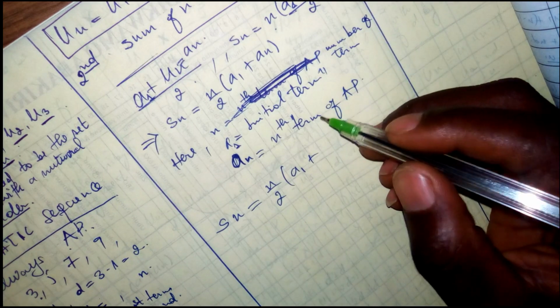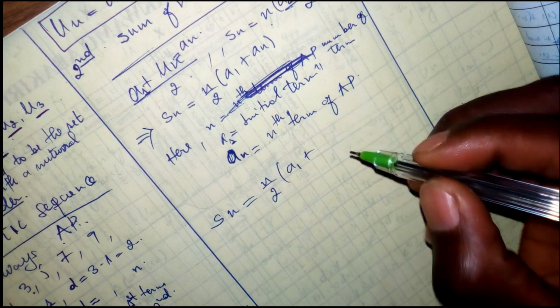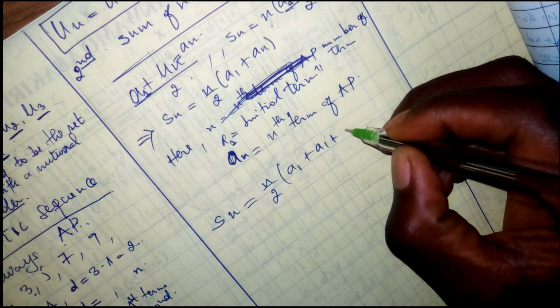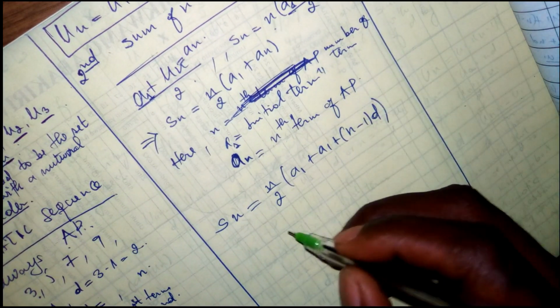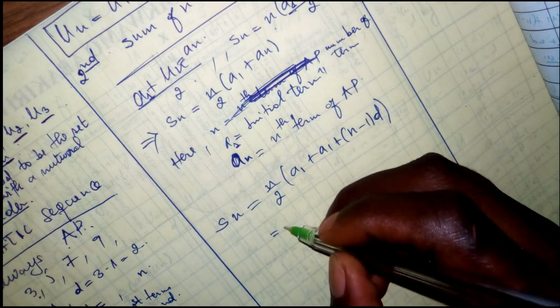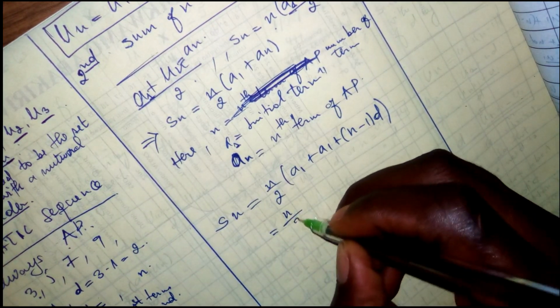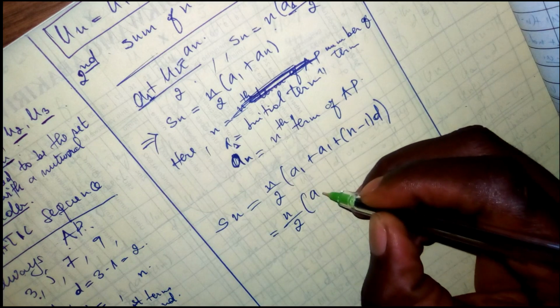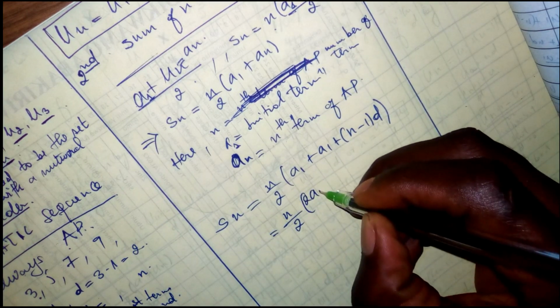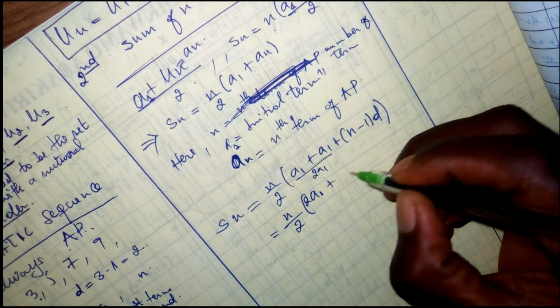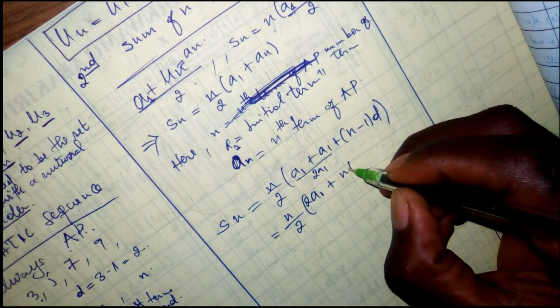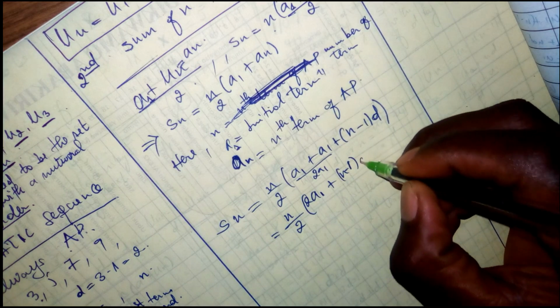This means that Sn will be equal to n over 2 times 2a1 plus n minus 1 times the common difference, and this is the sum of an arithmetic progression.